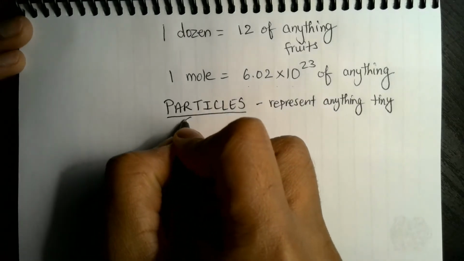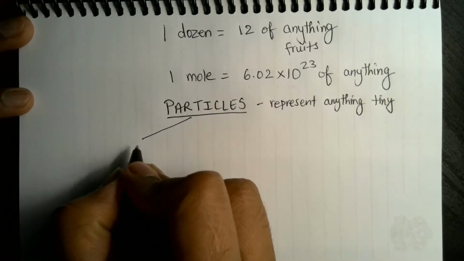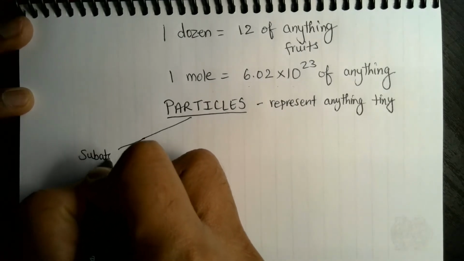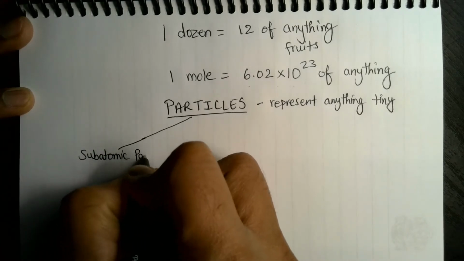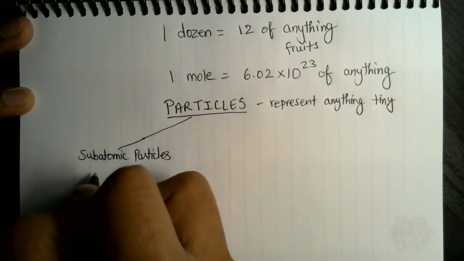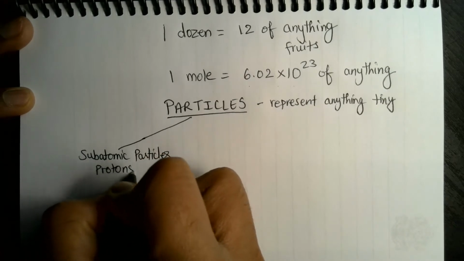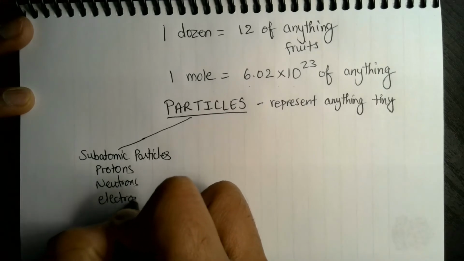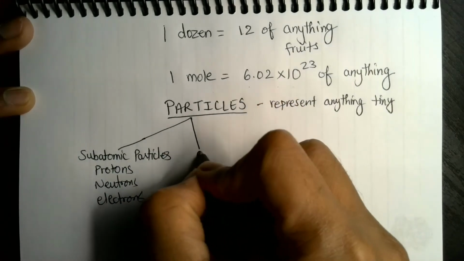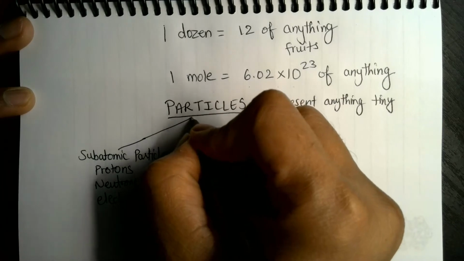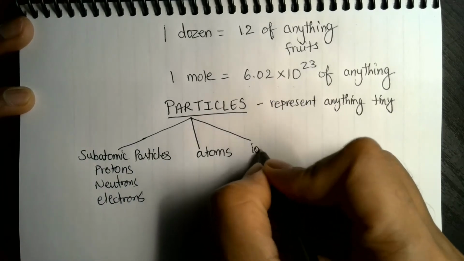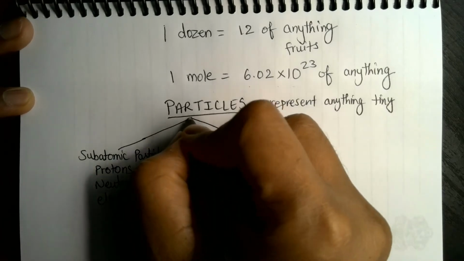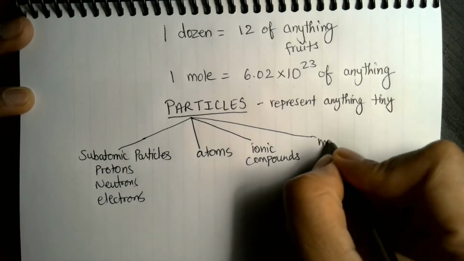So in context of chemistry, whether you have subatomic particles, and by that, of course, I mean protons, neutrons, electrons, or you have atoms, or you have ionic compounds, or molecular compounds.